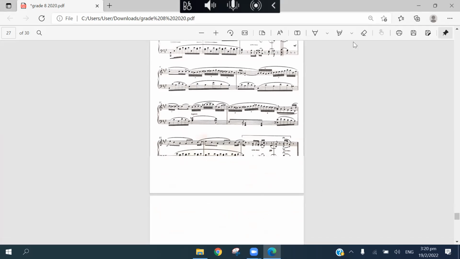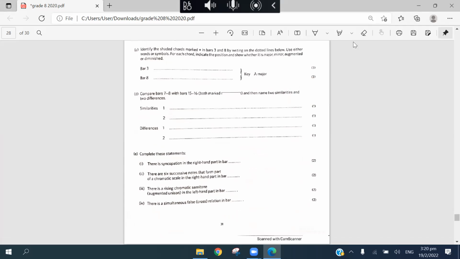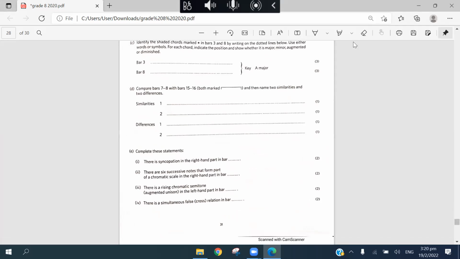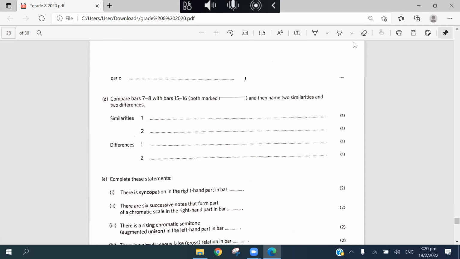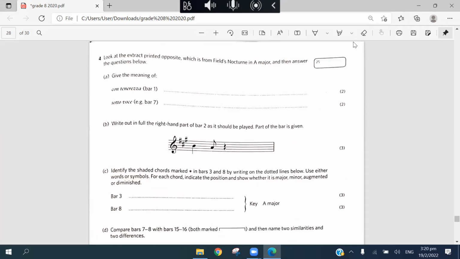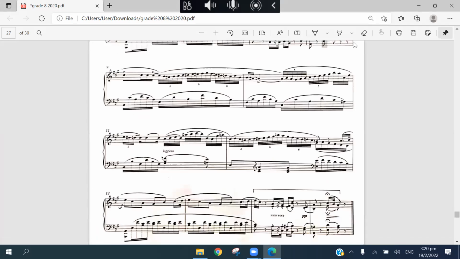Okay, then next one. There is a simultaneous false relations in bar what? Do you remember what is that? Yeah. 你说 bar 什么？bar 9.